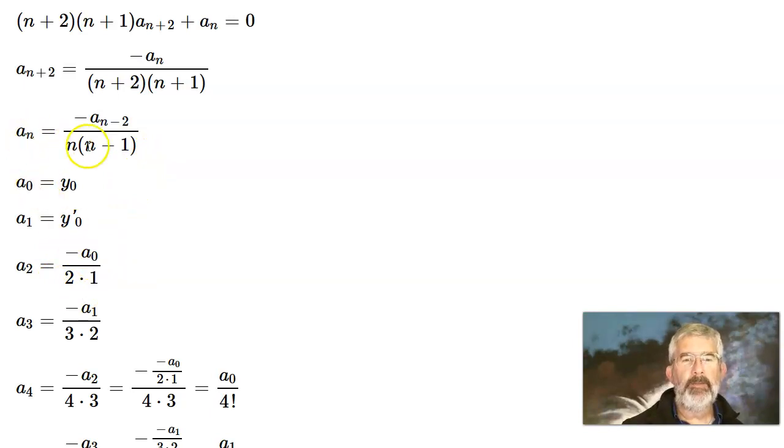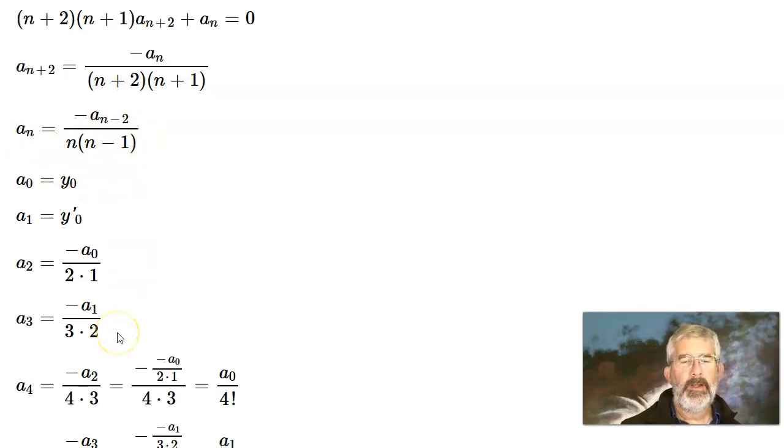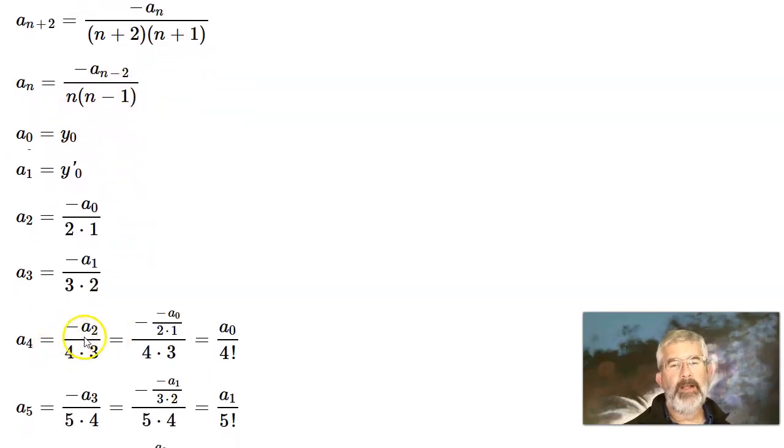A3 is going to be minus a1 over 3 times 2. A4 is minus a2 over 4 times 3. I'm just plugging in different values of n into this formula. But at this point, with a4 being minus a2 over 4 times 3, which it is, I already know that a2 is this. So I'm replacing a2 by what it is and then simplifying this fraction.